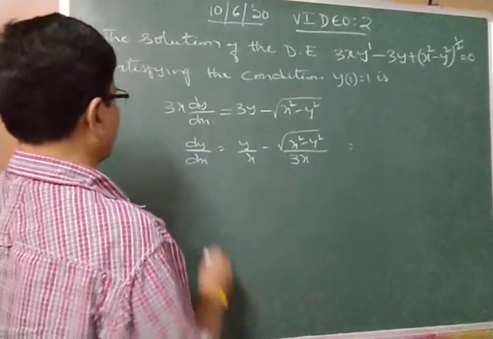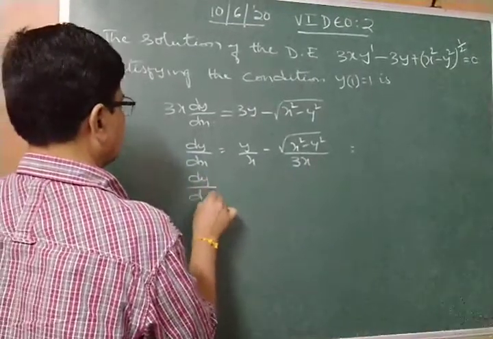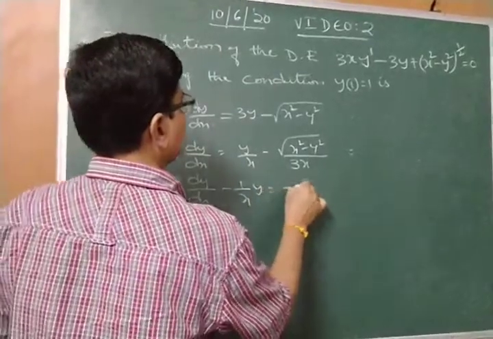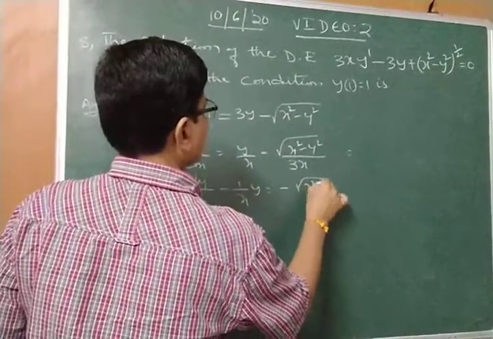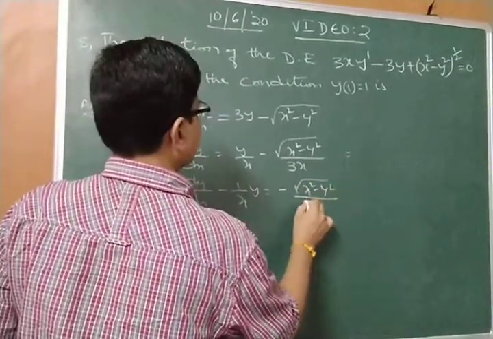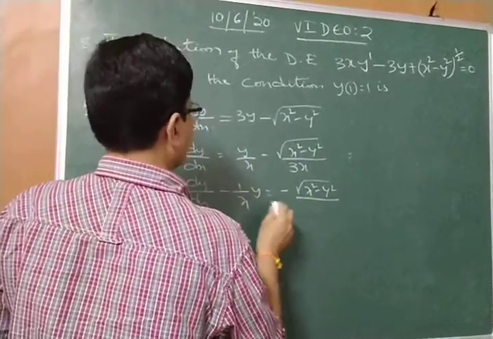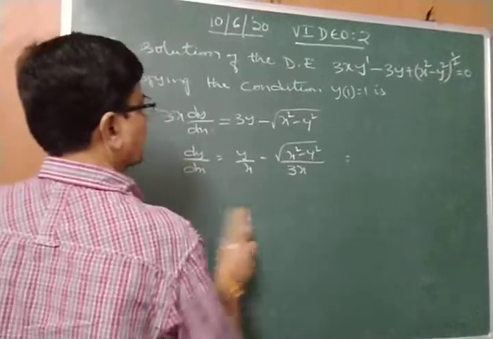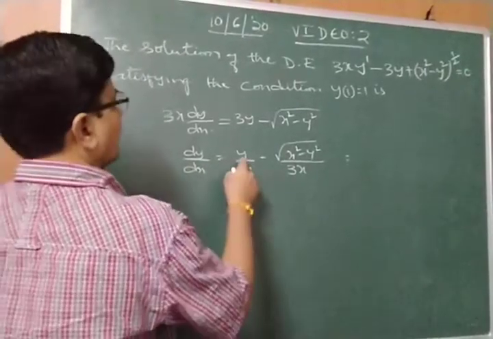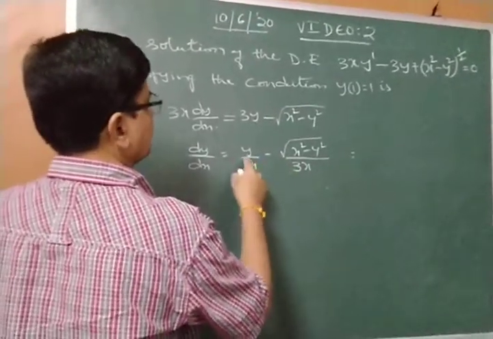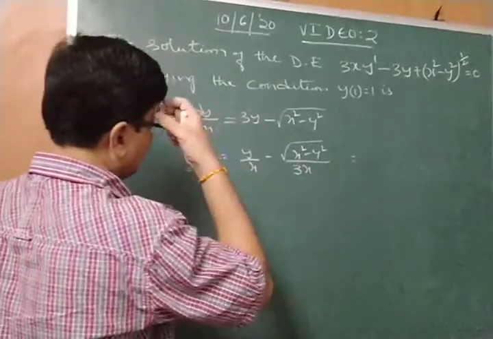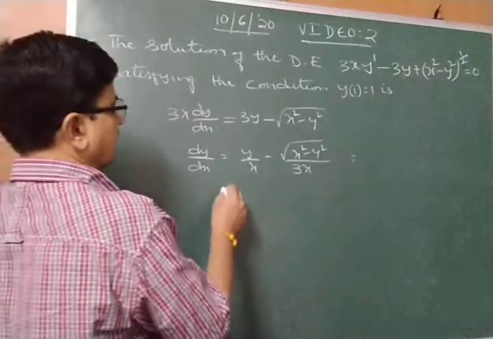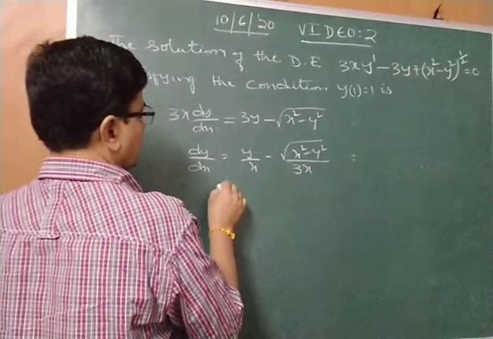Now this is of the form dy by dx minus 1 by x into y is equal to minus square root of x square minus y square by 3x. This is a homogeneous equation.